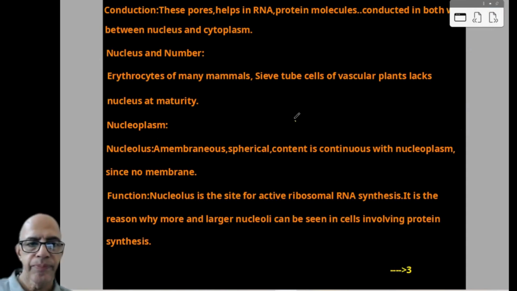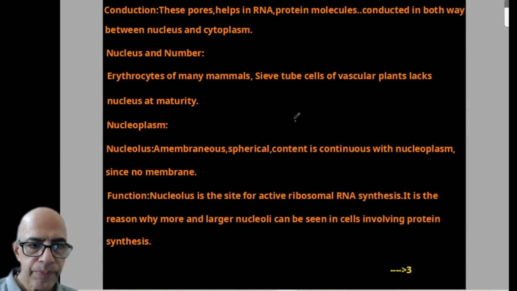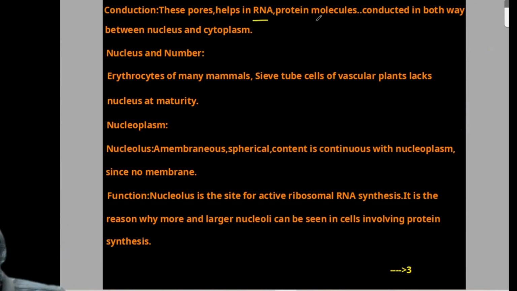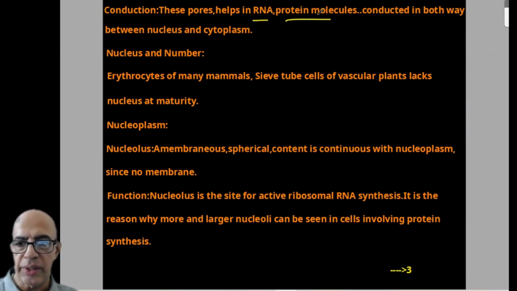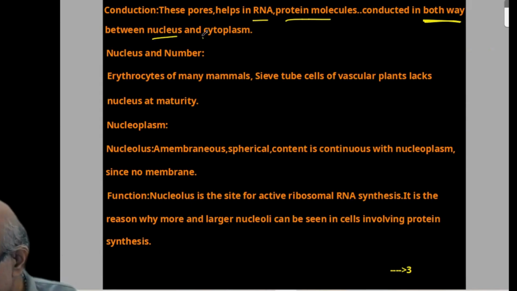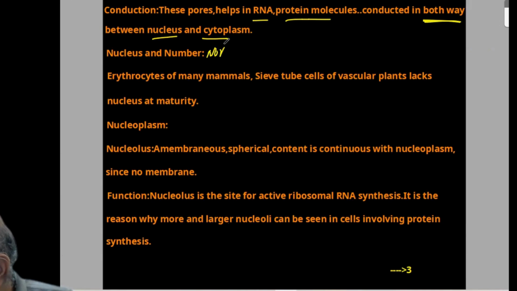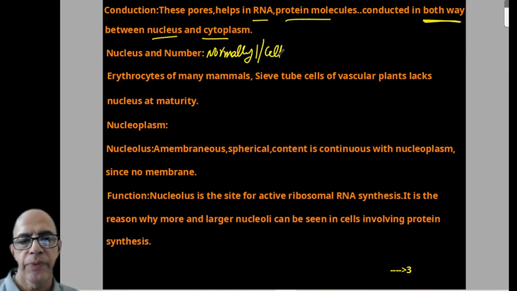Now the conduction. Through these pores, what materials does it conduct? It helps in conducting RNA, protein molecules, etc., in both ways, inside and outside, between nucleus and cytoplasm. And the nucleus number, under normal circumstances, is 1 per cell.